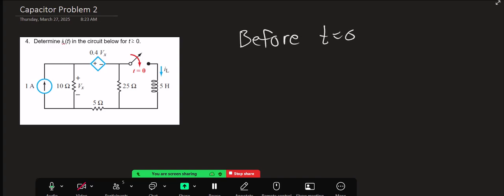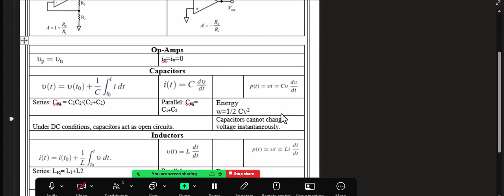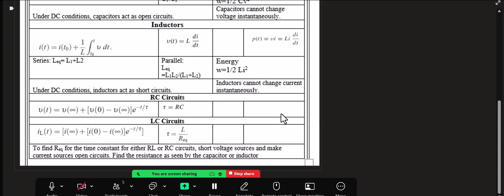Actually, let's take a look, since all it says is find IL of t. Let's take a look at what we would need to have for IL of t for an inductor.